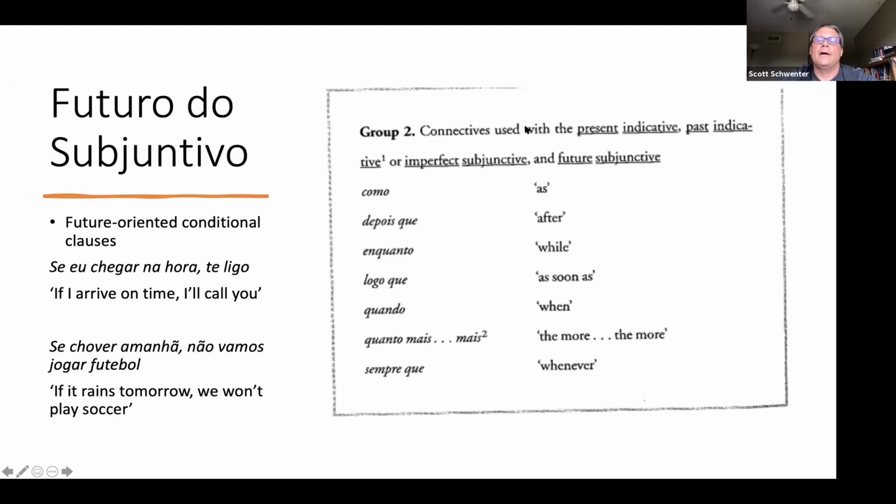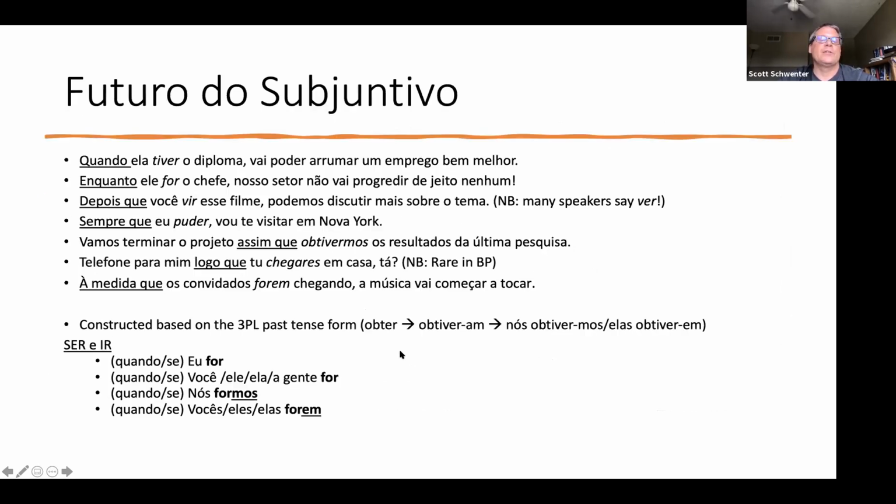And I included here some different connective forms where you can get the future subjunctive. And here are some examples with all of those, with quando, enquanto, which is mientras, depois que, right? Después, sempre, assim que, logo que, luego que, à medida que, etc. Right?